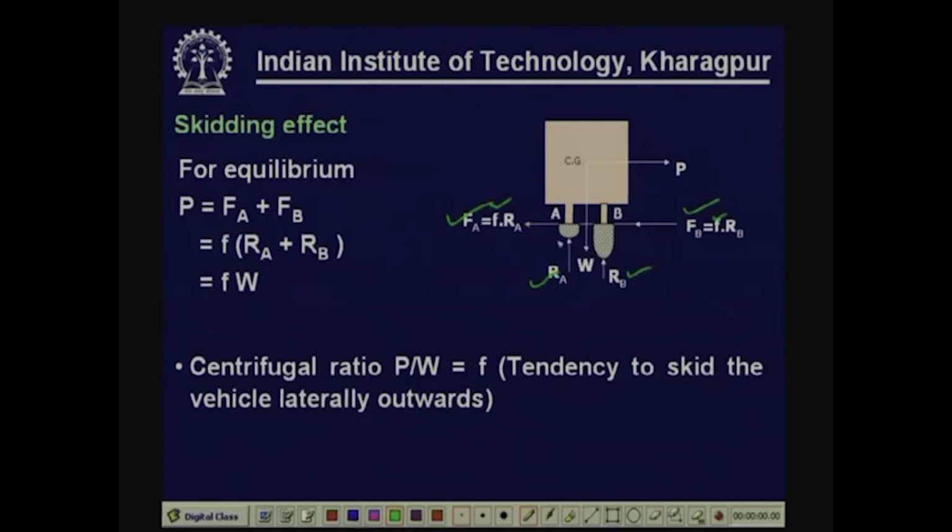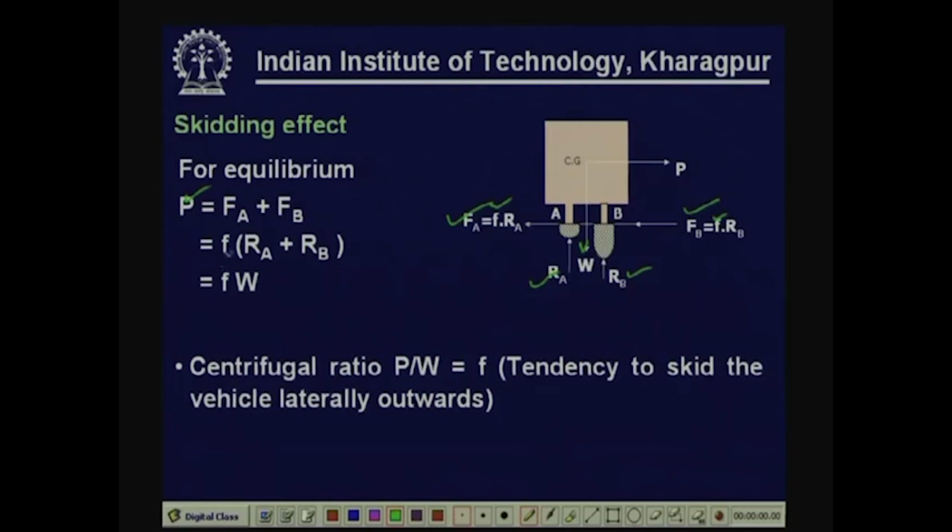So, R A and R B together is nothing but the weight of the vehicle which is acting downward, because this weight is balanced by R A and R B, the reaction at wheel A and reaction at wheel B respectively. So, if we now consider the equilibrium, then P equals F A plus F B.